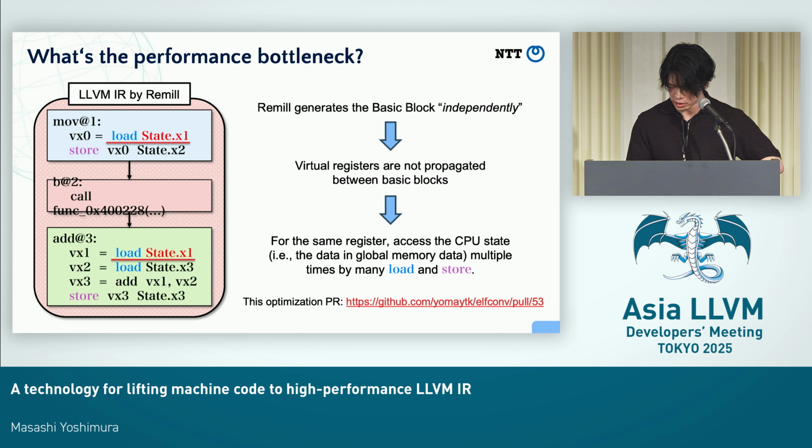So basic blocks are handled independently, and virtual registers are not propagated between basic blocks. So for the same register, it accesses the CPU state, the data in global memory, multiple times by many loads and stores.